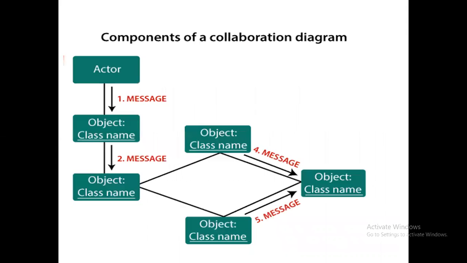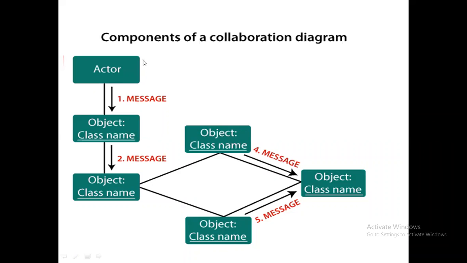Now see the components of the collaboration diagram: the actor and the messages. This is the association between the actor and the object. See how we present an object: object name, then colon and class name, that is underlined. See the representation of object, messages with the sequence number, association, and actor.